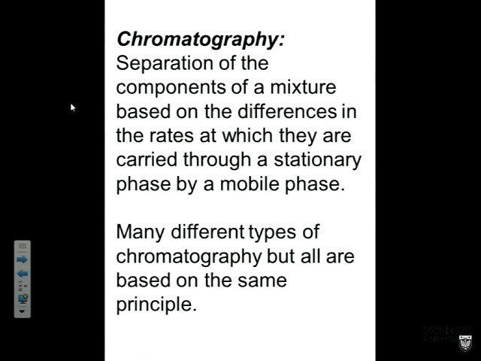It might be a solid matrix like silica gel, that's what you're going to use in the lab, packed into a column. So you have a long column of silica gel, which is sitting stationary. We're going to have a mobile phase, and in the case of the chromatography that you're going to do, the mobile phase is going to be a liquid.